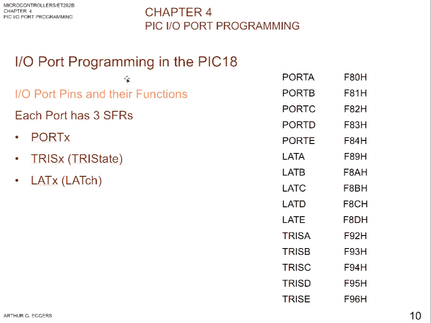So we can take a look at the tri-state register, the role in outputting here, and we can see the I/O port pins and their functions for each of the ports A, B, C, D, and E, latches A, B, C, D, and E, and the tri-state buffers A, B, C, D, and E. And we can see the address notation for each of those ports as it applies to the location in the PIC 18.